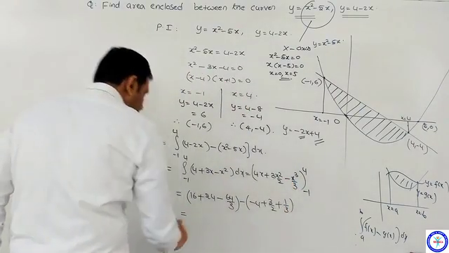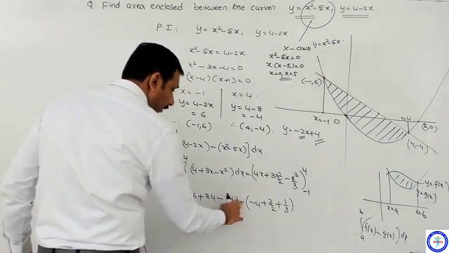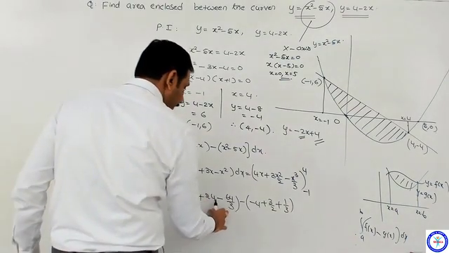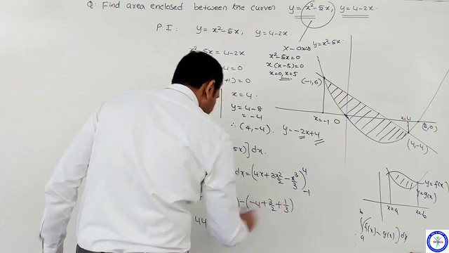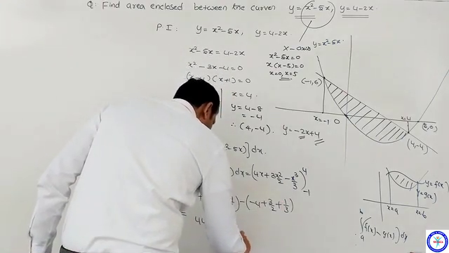Therefore, now simplification you see, 24 plus 16, 40, 40 plus 4, 44, minus 64 by 3 minus 1 by 3, minus 65 by 3, minus 3 by 2.